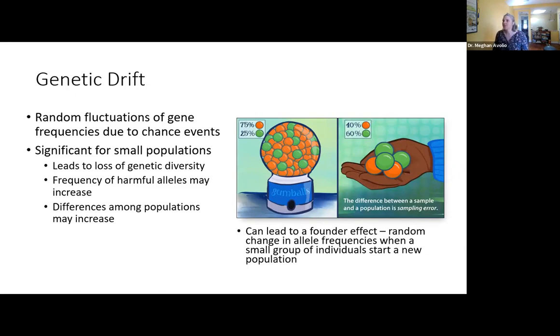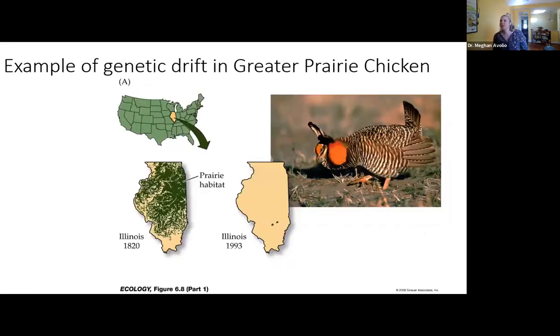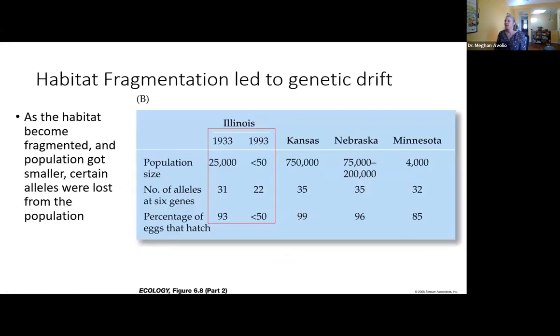So here's an example of genetic drift within prairie chickens. Prairie chickens, as in their name, like prairie habitat. And the prairie habitat has basically been extirpated out of Illinois. We see that prairie covered a large swath of Illinois in the 1820s, and there are really just two small remnant patches in the 1990s.